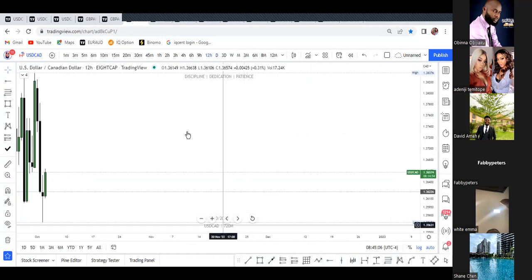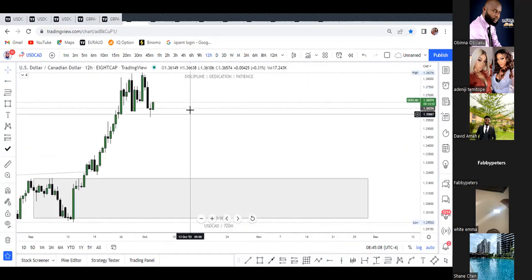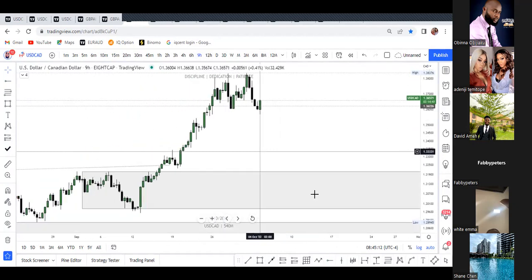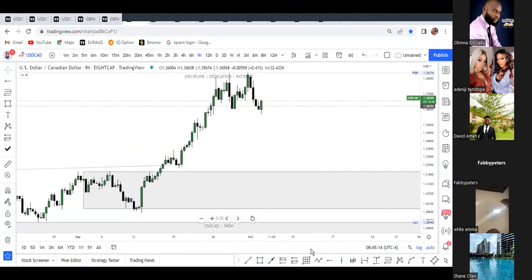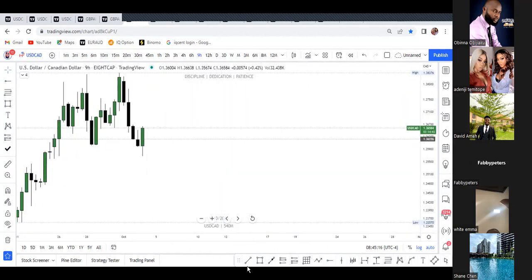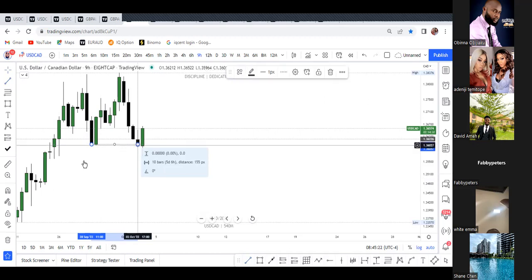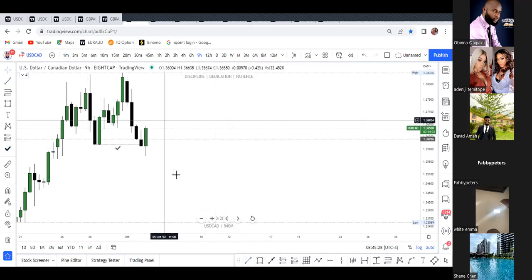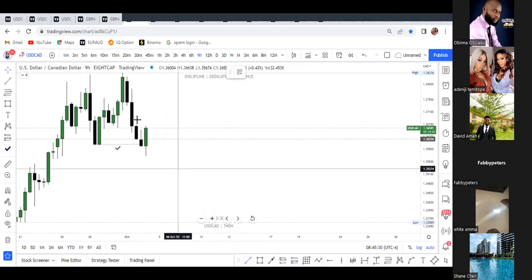Now in this range, this is our 12-hour. Let me use the 9-hour. You see the way they took out this low. Market maker sell model was complete. Where would they go now? Internal range liquidity.